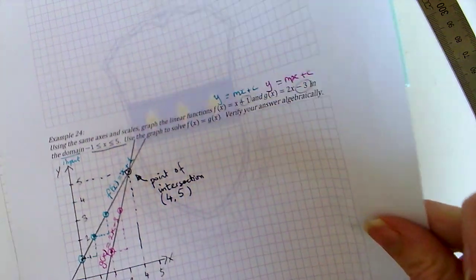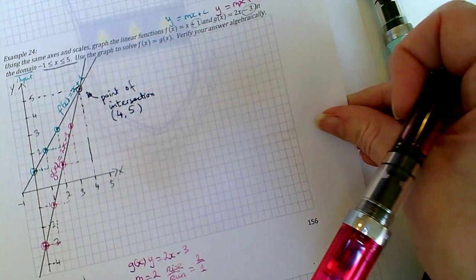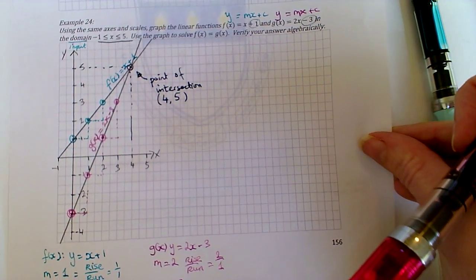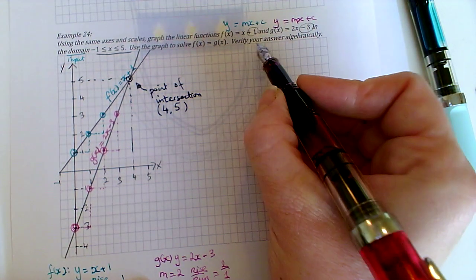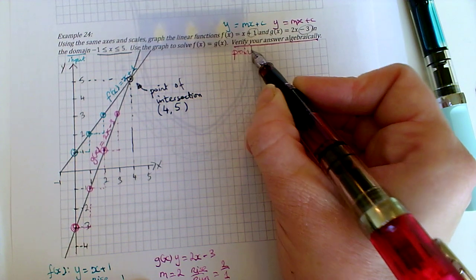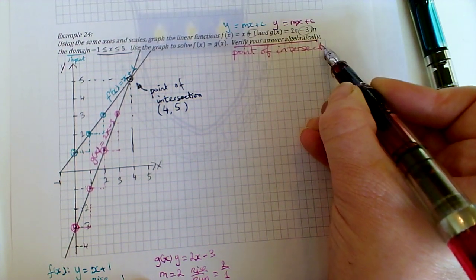Is that correct? Well, it probably is if I have drawn my graph correctly. Have I drawn my graph correctly? Well, we can verify our answer algebraically. So, point of intersection in algebra means simultaneous equations.